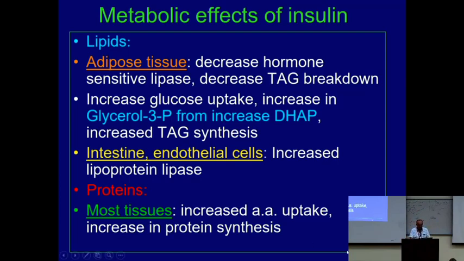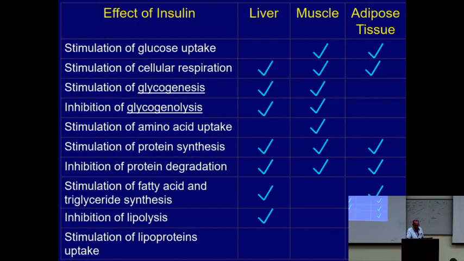Importantly, though, the muscle will use up a lot of those amino acids because of its mass. Okay? But as I mentioned, you have three things that are stimulated: glycogen synthesis, TAG synthesis, and protein synthesis, all by insulin.